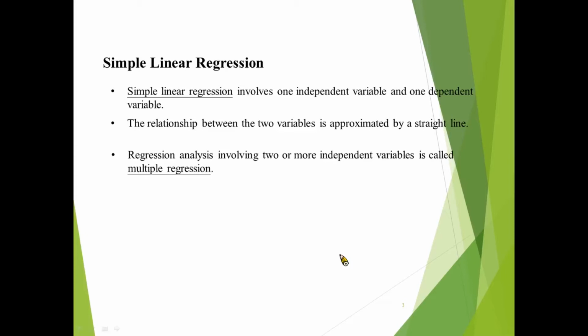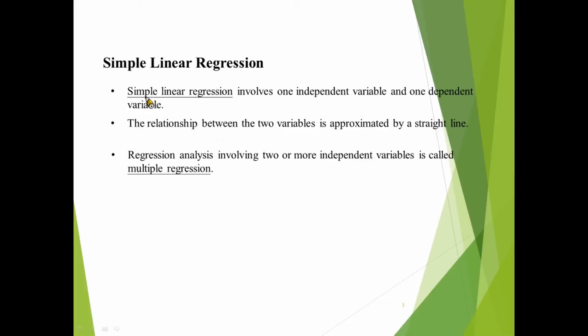Simple linear regression involves one independent variable and one dependent variable, so we call it simple. We will also talk about multiple linear regression, which has more than one independent variable, and sometimes more than one dependent variable.